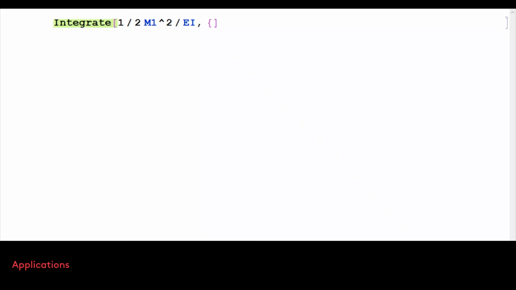And the bounds of my integral for the first region is x equal to 0 to L divided by 2. This is okay.